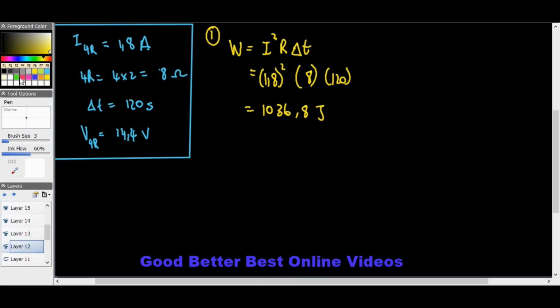Okay, I've got 2 yellow colors now. Wow, that's awesome. The second one is using W is equal to VI delta T. Now if we use this one, 14,4, which is the voltage, times the current, which is 1,8, times 120.